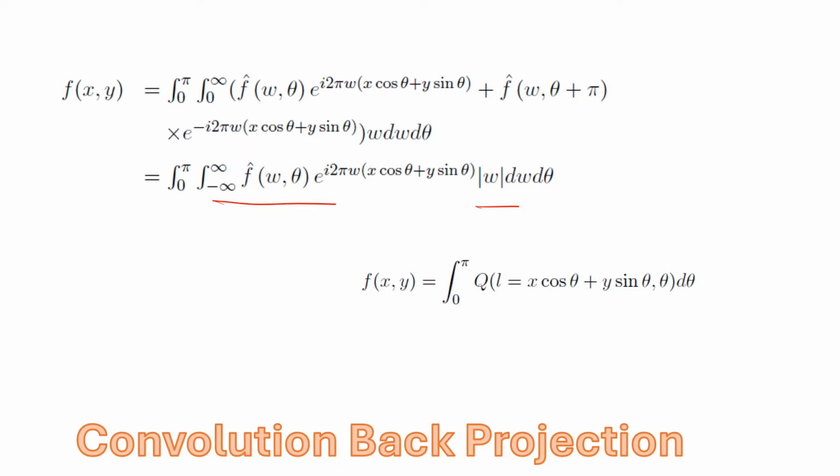We can write this f now as the integral with respect to theta, so summing the back projections of this function q. Now it turns out this function q is exactly G of L, our measurements, which represent the Fourier transform of f along a particular slice, weighted by this frequency coefficient U sub L.